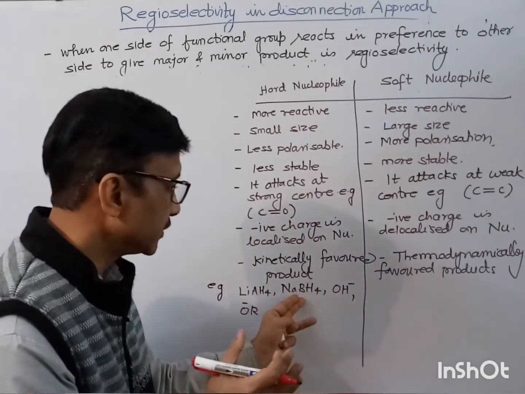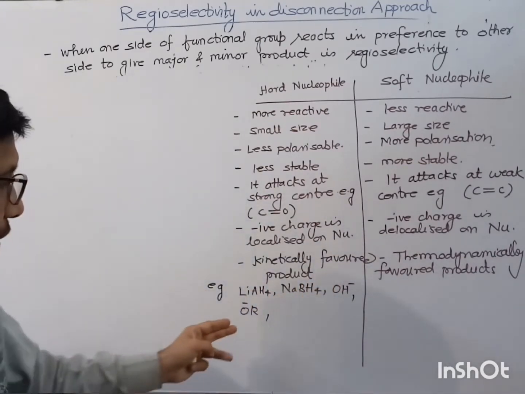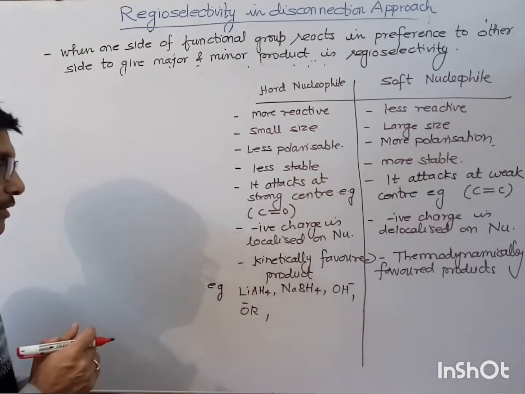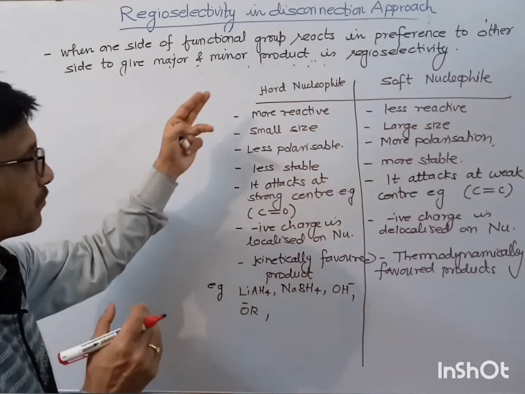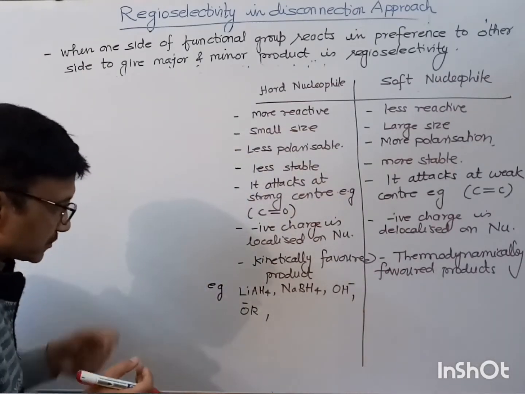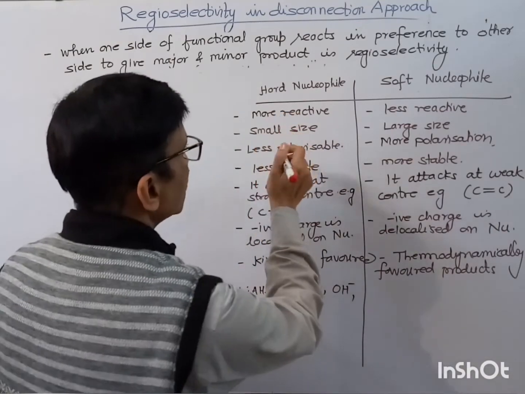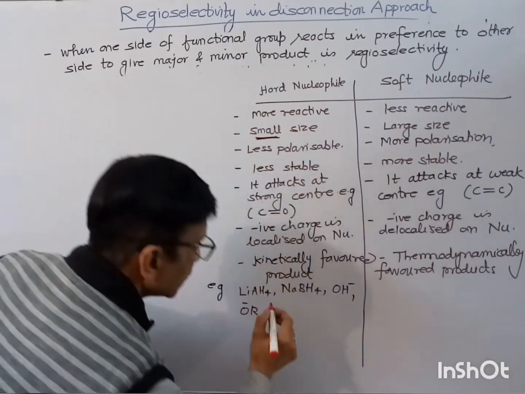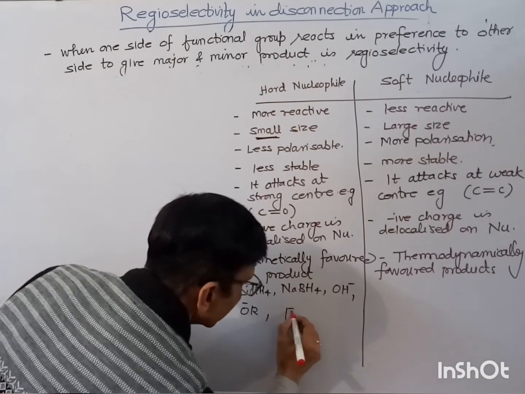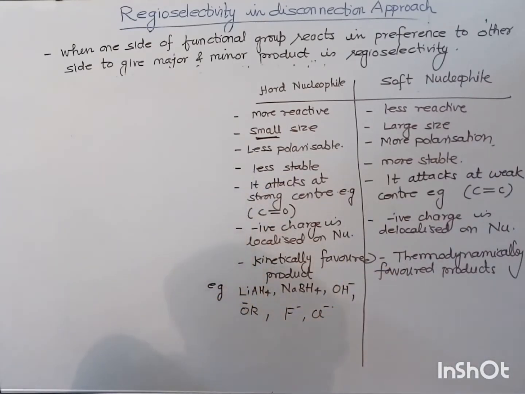In the ethoxide ion the charge is also localized, so this is a hard nucleophile. Similarly, smaller nucleophiles like the fluoride ion or chloride ion also act as hard nucleophiles.